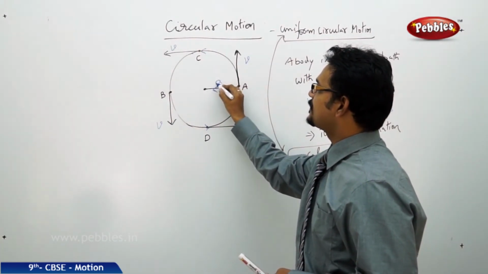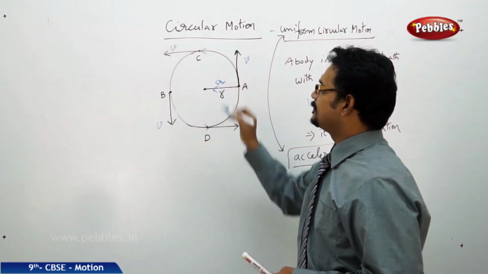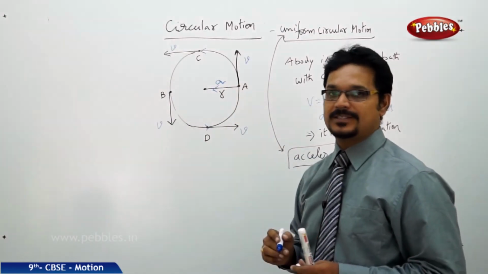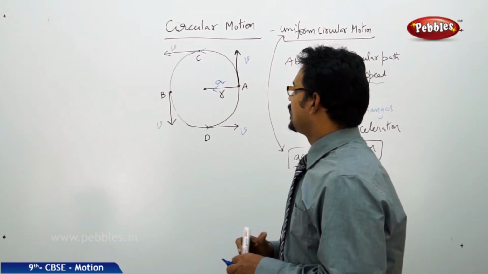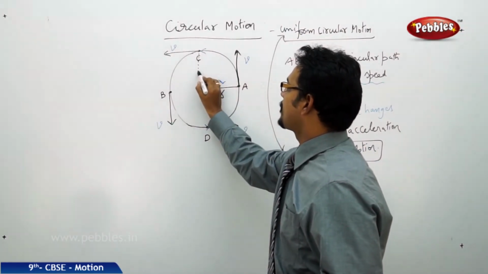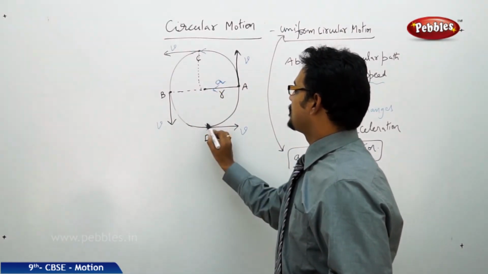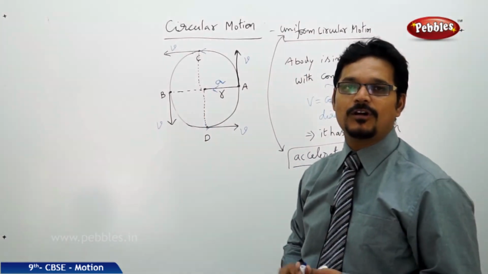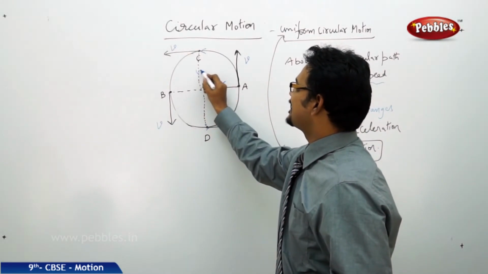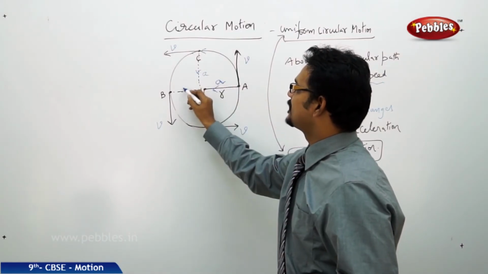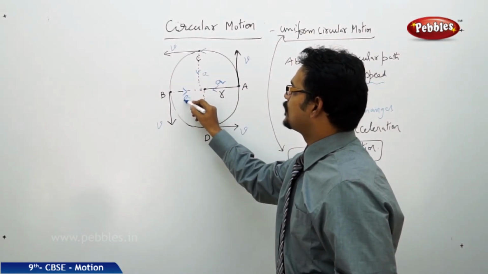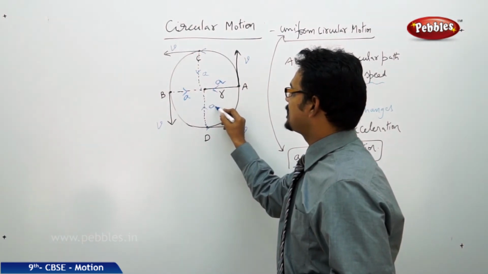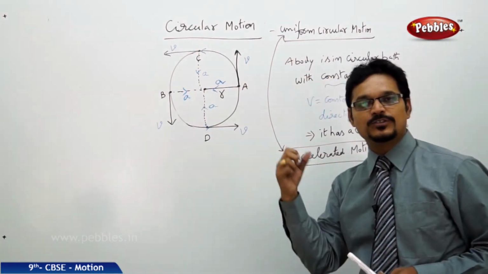This is acceleration direction towards the center. Always. See here also, if you draw a line, as you know, these are the radii of the circle. So always it is toward the center.